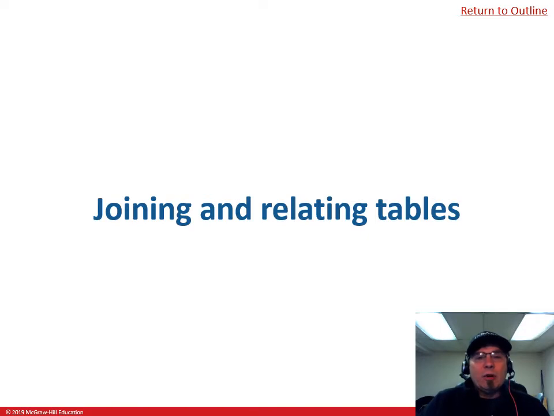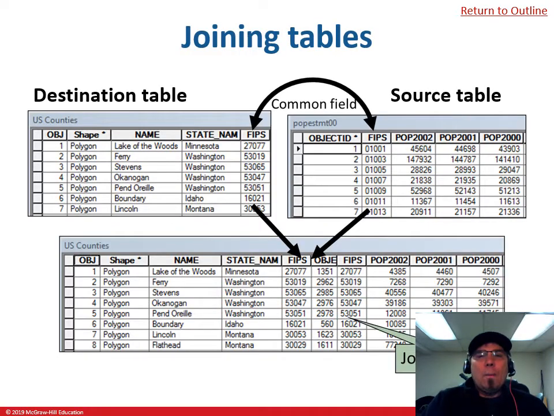Okay, so joining and relating tables is one of the weirdest concepts I have to try to explain in this course, and it's hard enough in class, so I'm going to try to do this as best as I can over the webcam here. Now, sometimes you have two tables that you want to map.